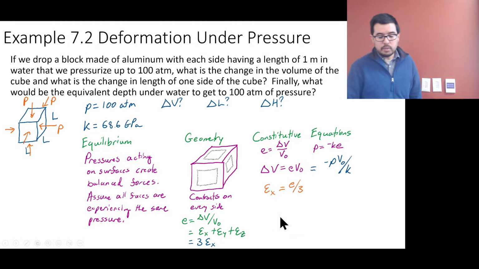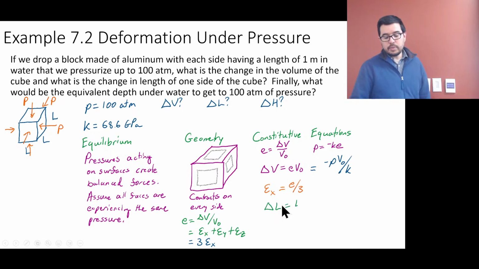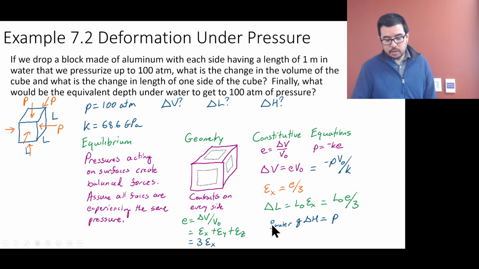Now we can say that epsilon x is equal to E over 3. All right, that's from here. We can say that the change in length is equal to L naught epsilon x, which is L naught E over 3. And we can also say that the pressure underwater is rho g h, which one of you mentioned previously.